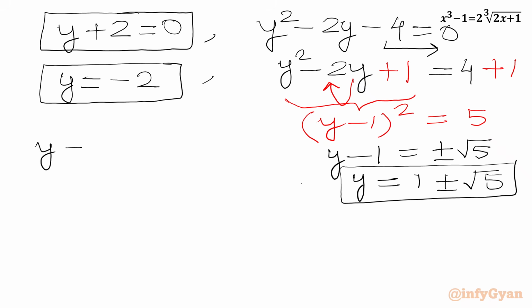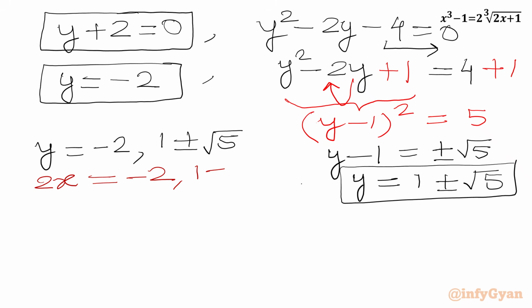Let me write here y equal to minus 2, 1 plus minus square root 5. Now y was our substitution, 2x. So in place of y, we will write 2x equal to minus 2, 1 plus minus square root 5.